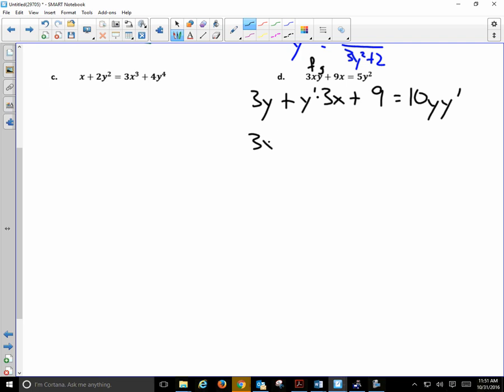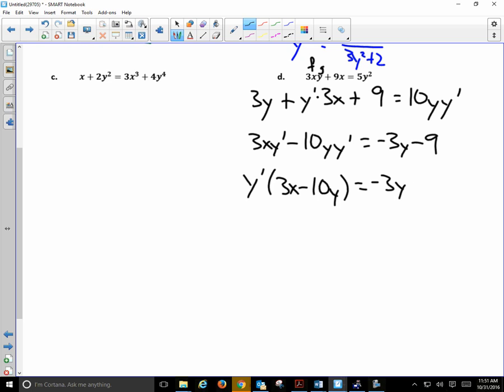So I have 3x y prime minus 10y y prime is equal to negative 3y minus 9. Factor out my y prime. And divide.